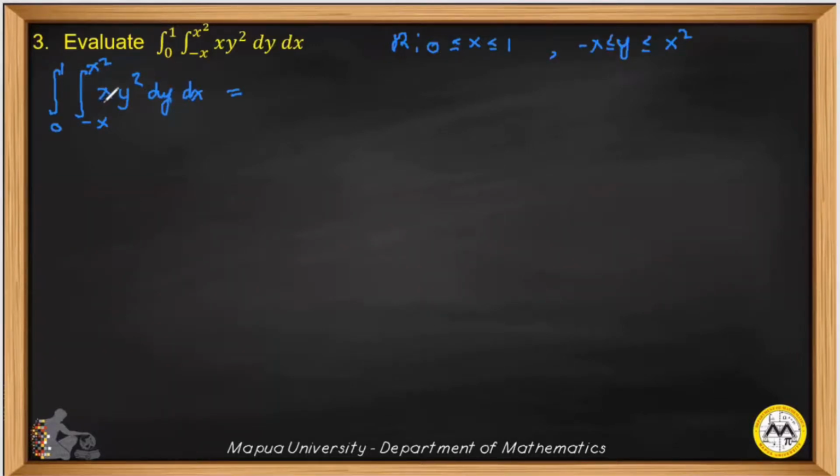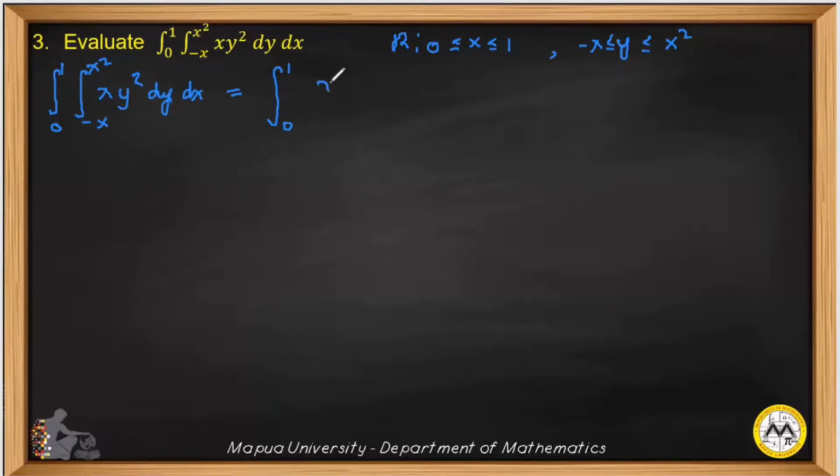Therefore, x is temporarily held as constant. Hence, this will lead to the integral from 0 to 1, holding x temporarily as constant. The integral of y squared dy is y cubed over 3.